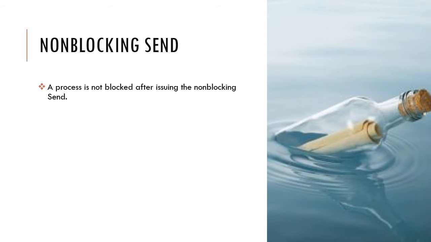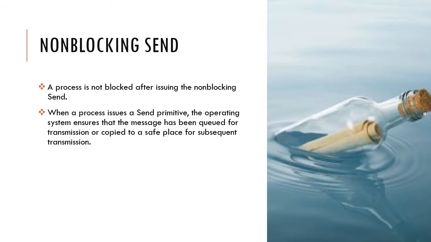Non-blocking send. A process is not blocked after issuing the non-blocking send. It continues execution and goes on to its next line of code. When a process issues a send primitive, the operating system ensures that the message has been queued for transmission or copied to a safe place for subsequent transmission.